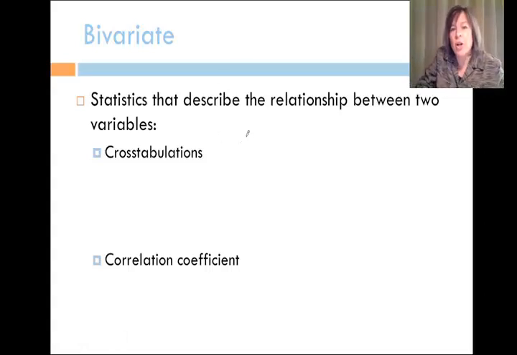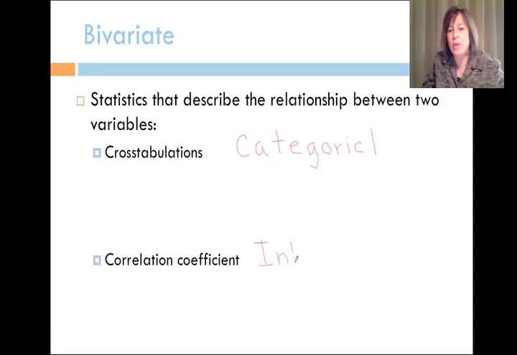Cross tabulations are used for categorical data. So again, you have to understand how your variables are measured. And the correlation coefficient is used to describe relationships between interval and ratio level data.